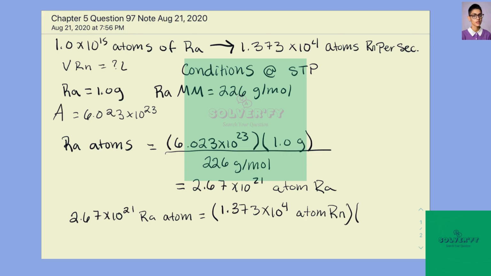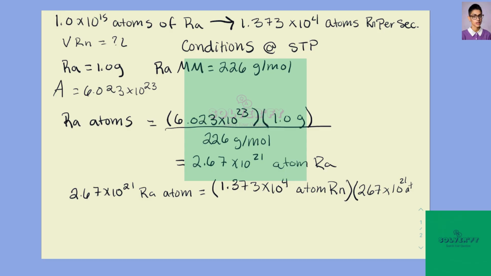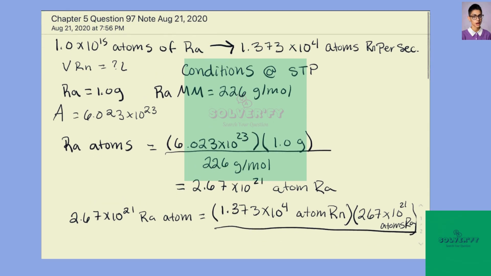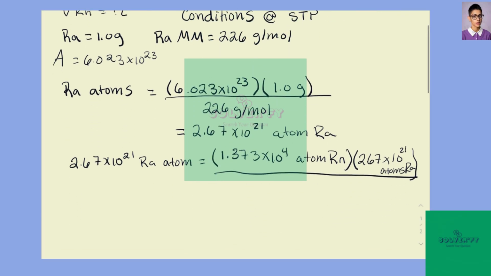And we're going to times this, because that is how many atoms of radon are produced from that many atoms of radium.